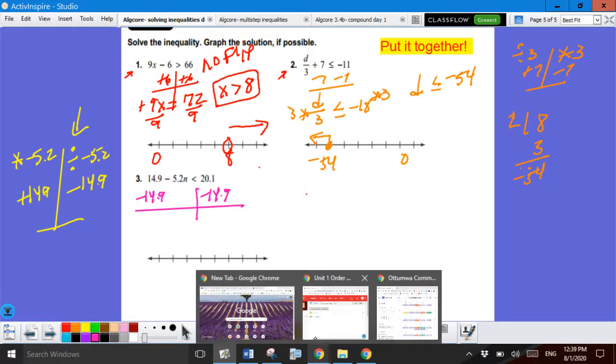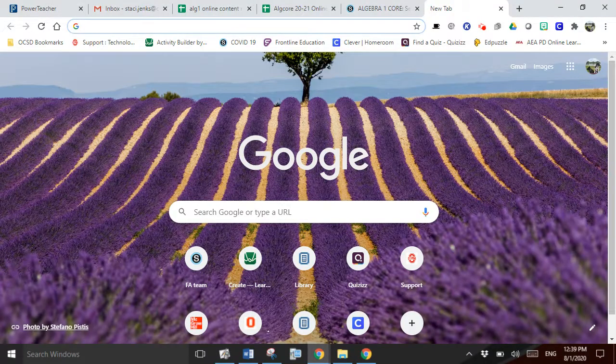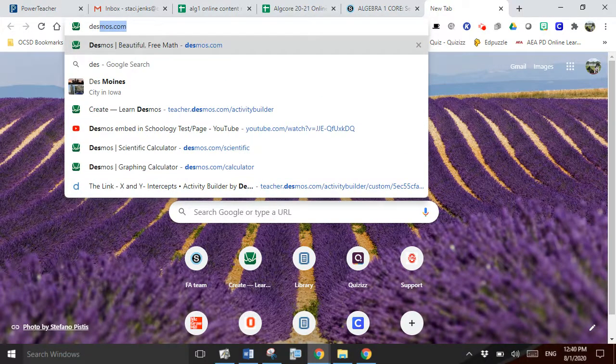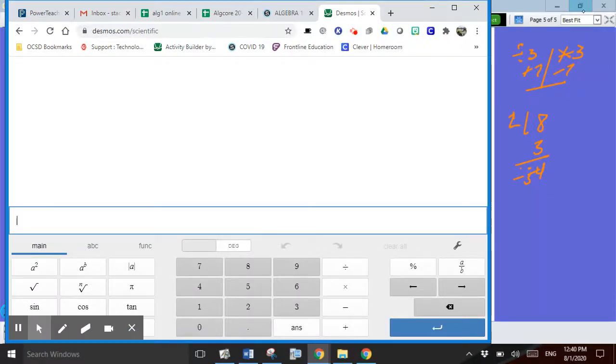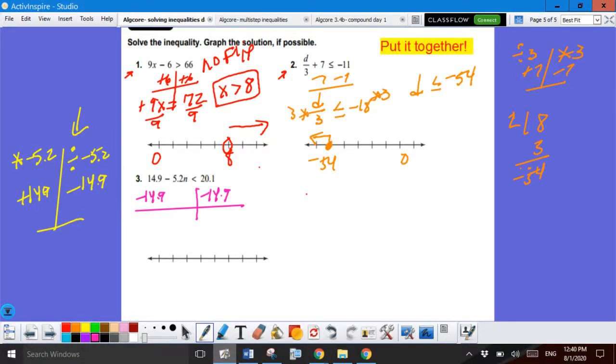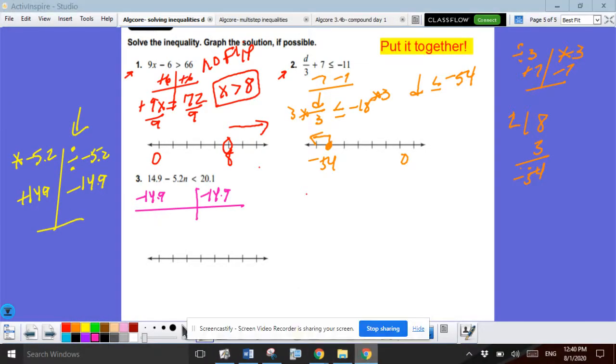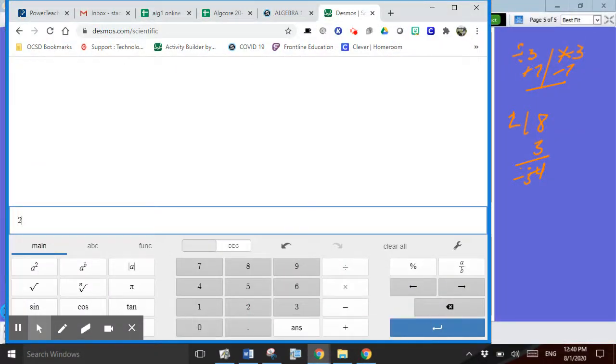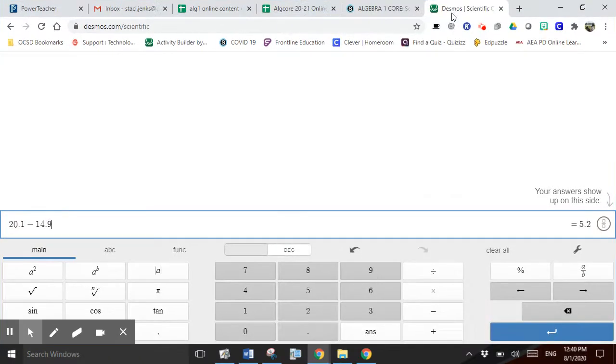Okay, and I need to pull up my Desmos scientific calculator. So let me get that real quick. All right, so we have 20.1 minus 14.9. 20.1 minus 14.9 gives me 5.2.